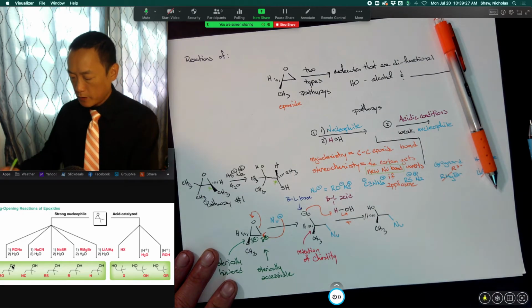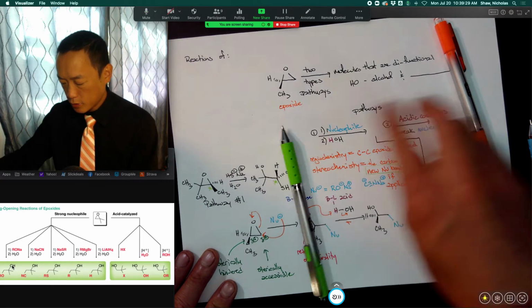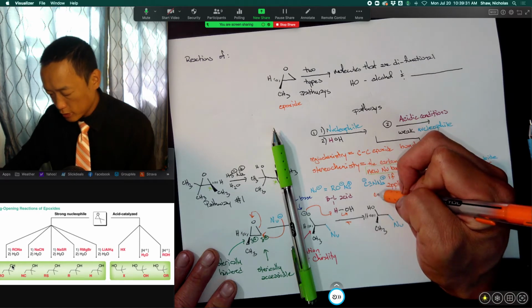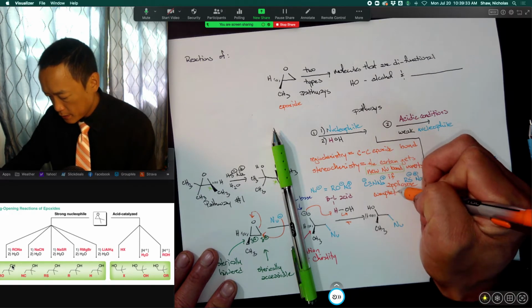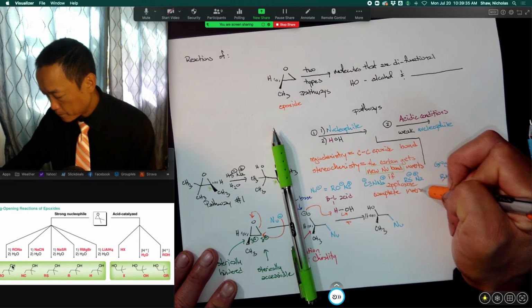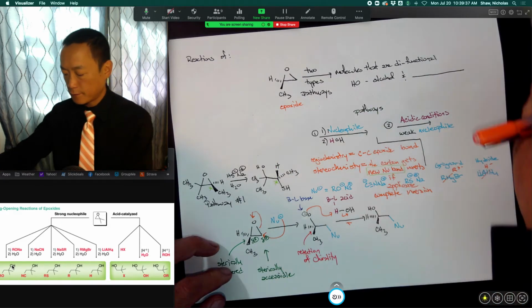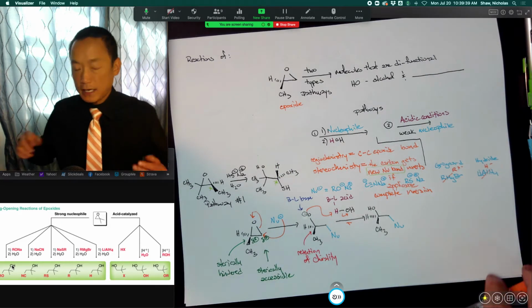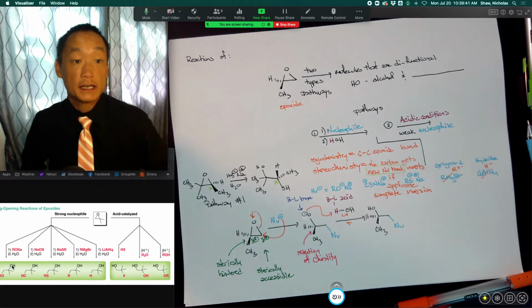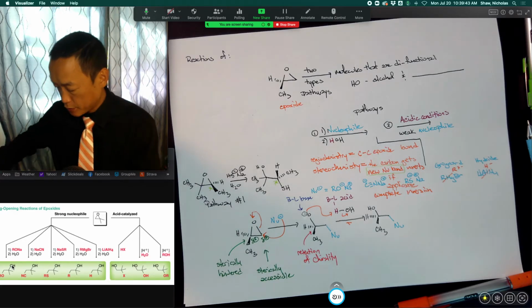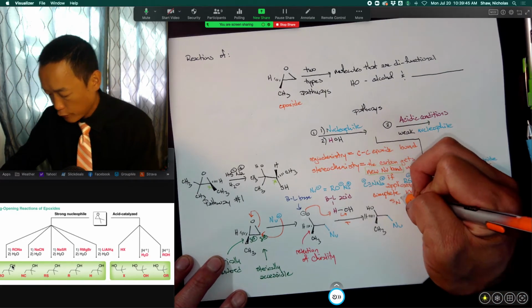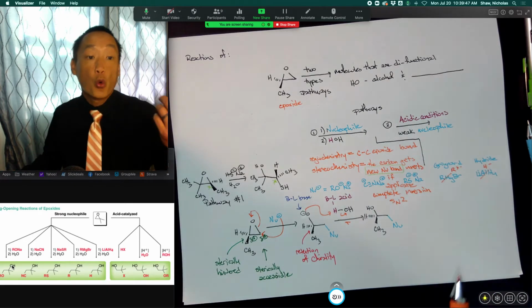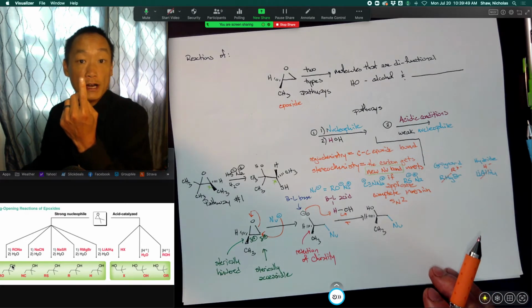That carbon inverts, if applicable, and it looks like complete inversion. I did not give myself enough space to write right there. But the idea being that this is definitely an SN2 type substitution, so we should see complete inversion of that chiral center, one product being formed.